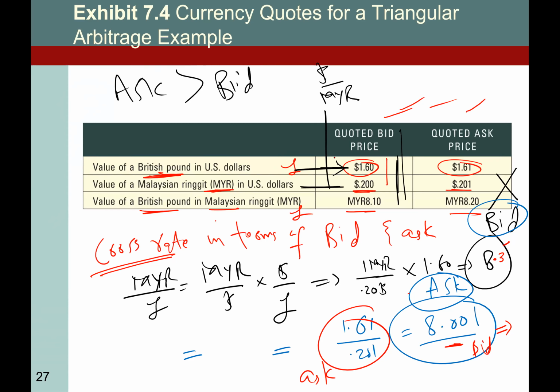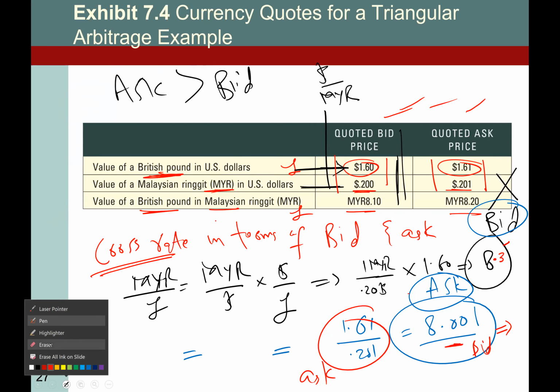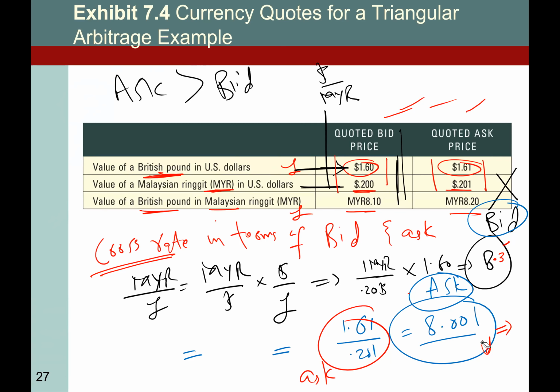You need to divide bid prices with the bid prices, ask prices with the ask prices. But if the result is lower, then the lower number would always be replaced with bid. Everyone understand that? Here, you got lucky that it revealed a lower number, so we don't have to mess around with this one.